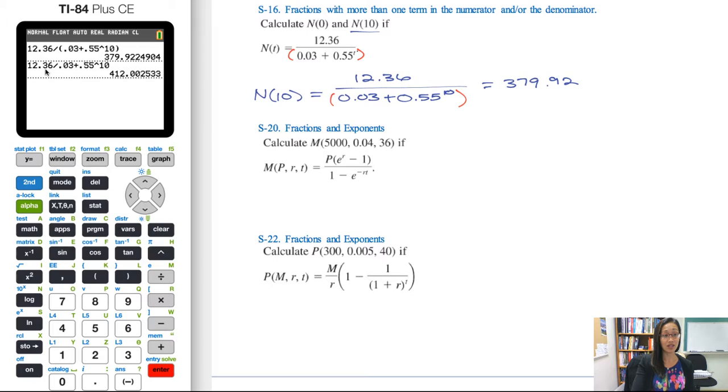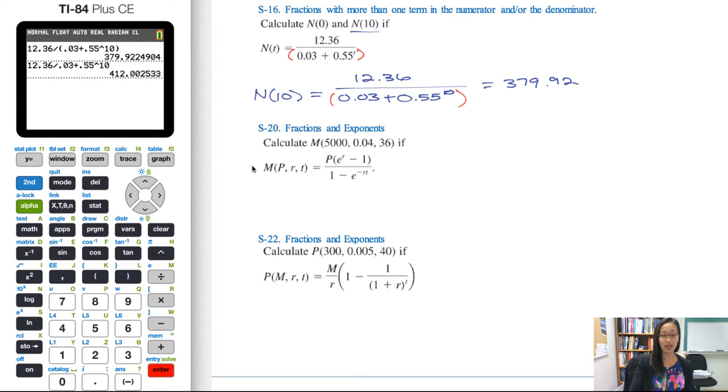And again, here what we're doing is we're telling our calculator to take 12.36, divide that by 0.03, then whatever that answer is, add it to 0.55 raised to the 10th power, which is completely different from taking 12.36 and dividing it by this quantity.